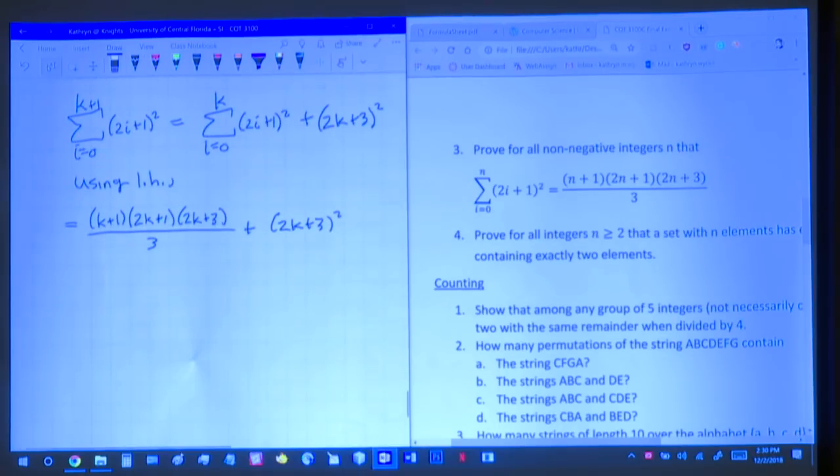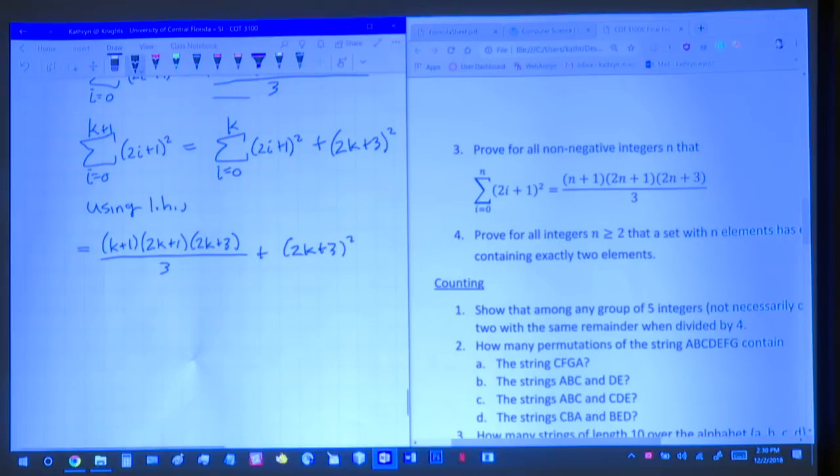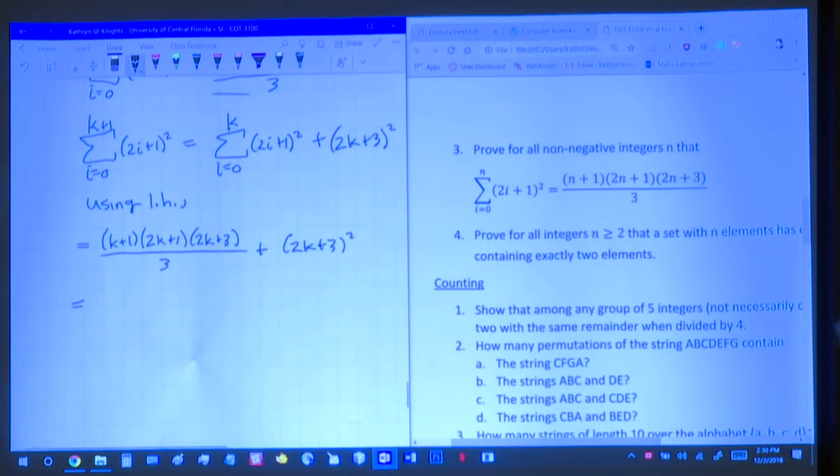So we can do that by first getting this under the same denominator. So that equals (k plus 1)(2k plus 1)(2k plus 3) plus 3 times (2k plus 3) squared.